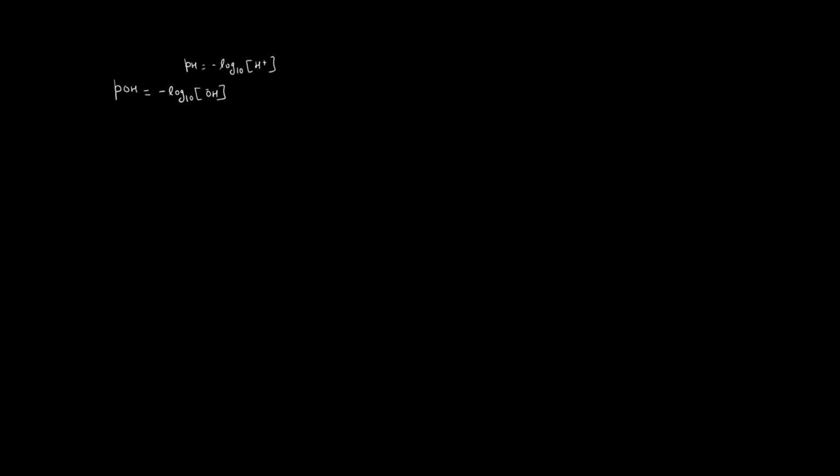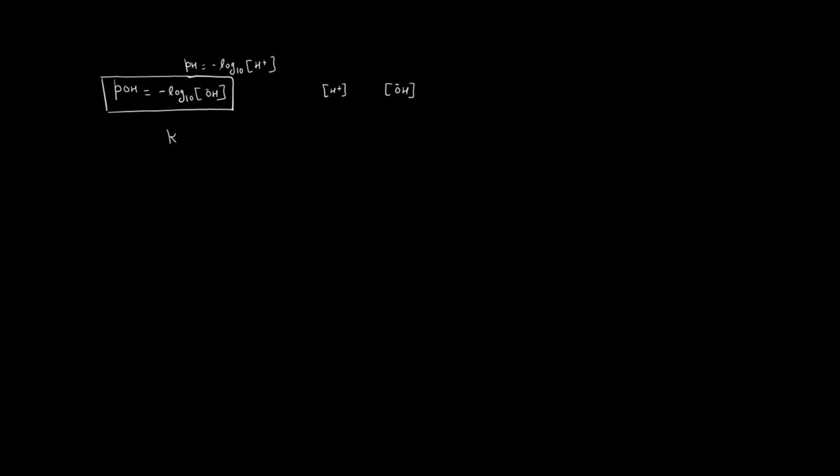So we just replaced H plus ion with OH negative ion in the formula for pH to get pOH. This formula is given in your data booklet: pOH equals minus log to the base 10 of OH ion concentration.